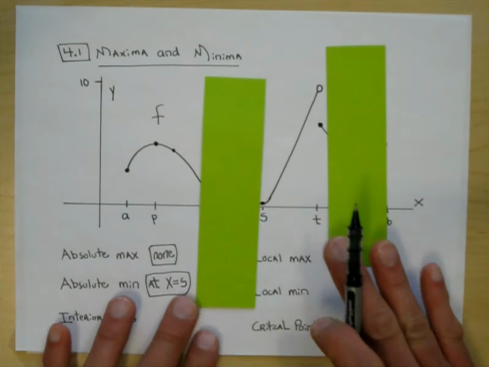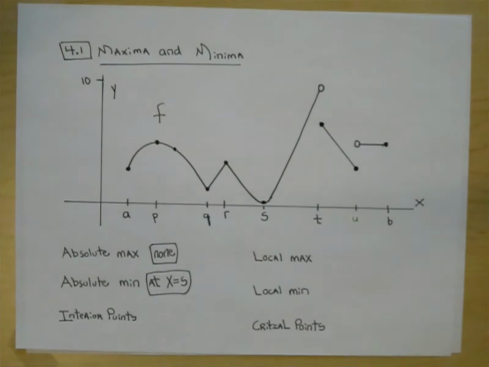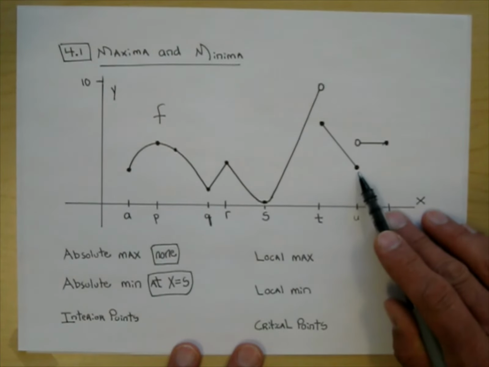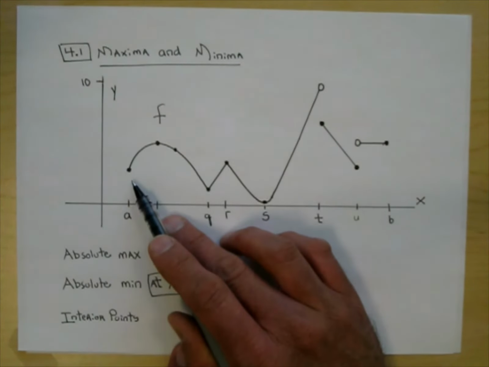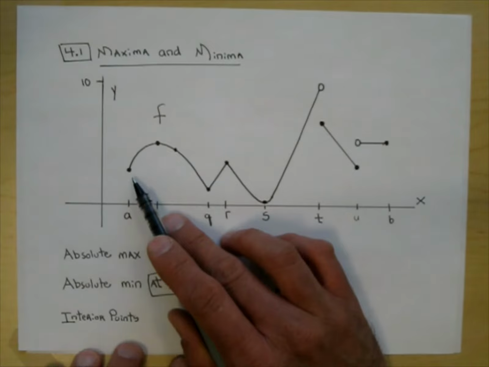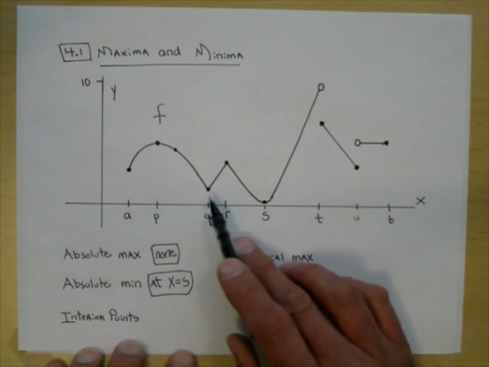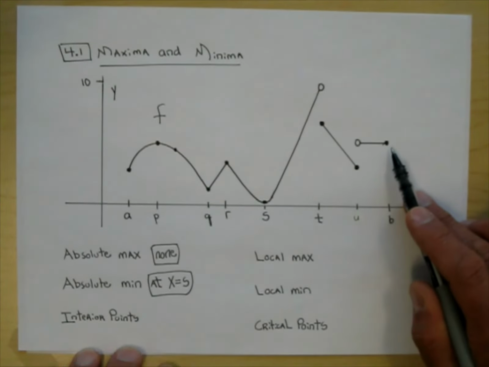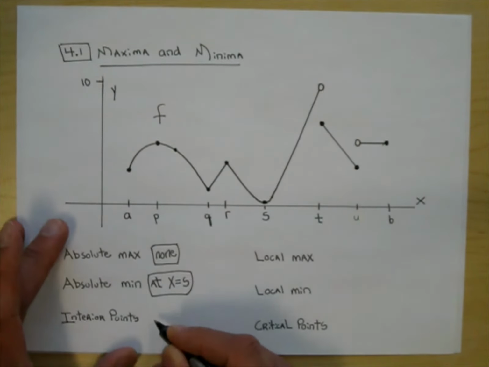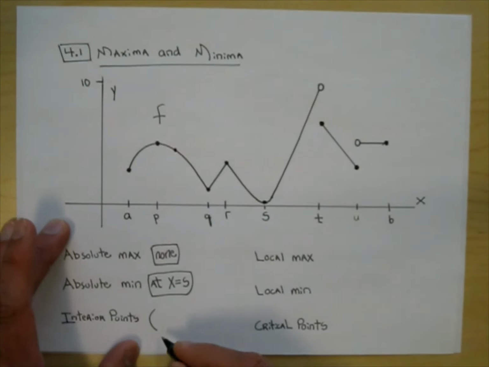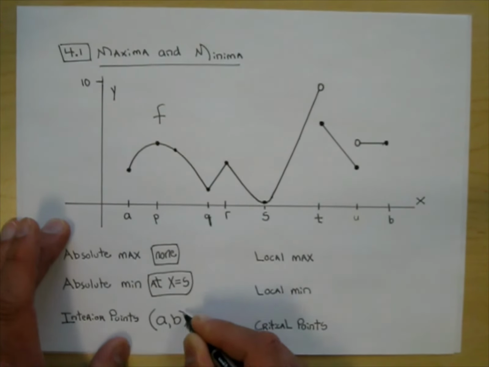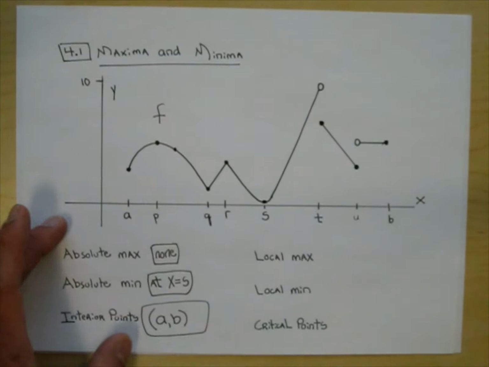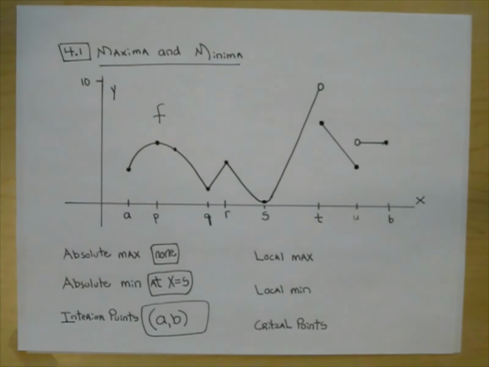So T is an interior point, and so is point U. So the interior points go all the way from A, not including A, to B, not including B, because B is an endpoint. So to describe the interior points, we would just use the interval A to B. So those are what interior points are.